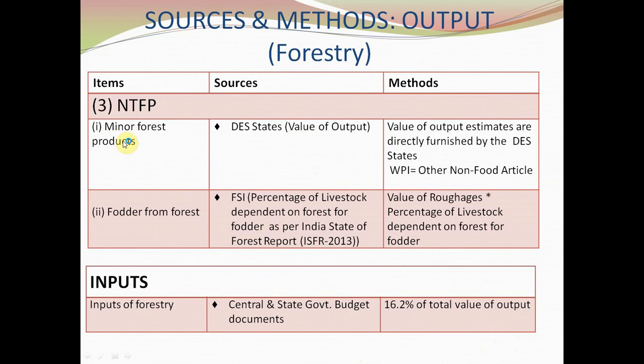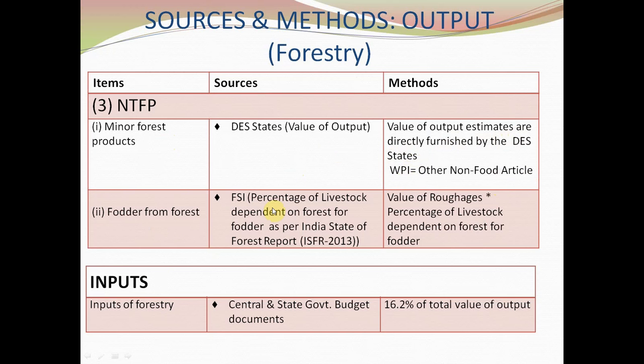For non-timber forest products, first of all, for minor forest products, DA states are providing value of output, and value of output estimates are directly furnished by using WPI for other non-food articles.